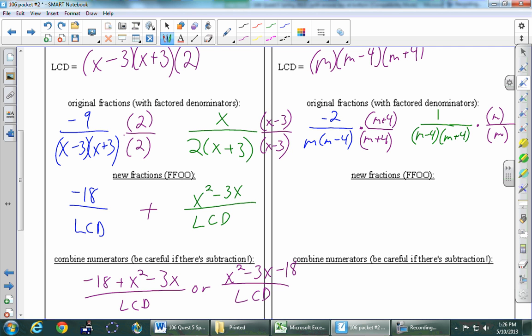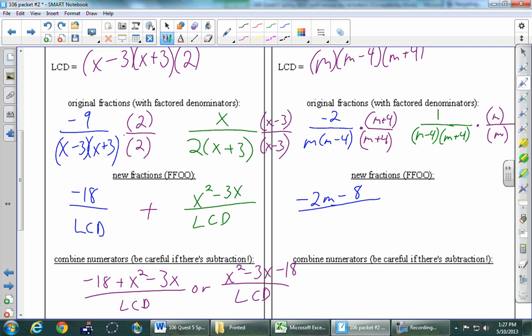Should we distribute upstairs? Yes, we should. -2m plus 8. It's real easy to miss that. Because I made a mistake, but it's really easy to make that mistake. Right? Really easy to make that mistake.